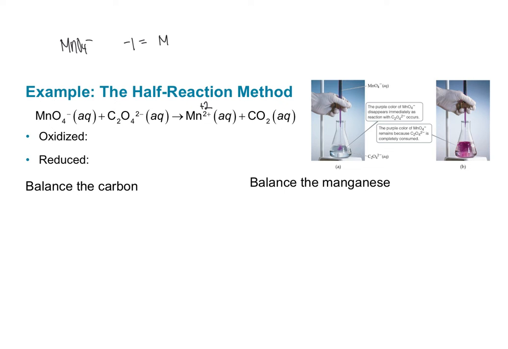I have 1 manganese and 4 oxygens, all -2. So -1 equals manganese plus -8, and we add 8 to both sides, and we get that manganese is +7. So I'll put a +7 on manganese and a -2 on oxygen.